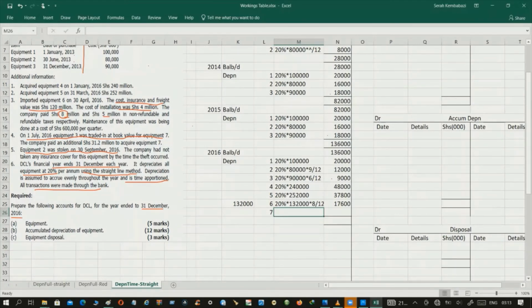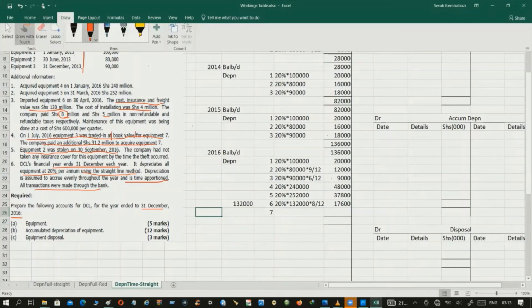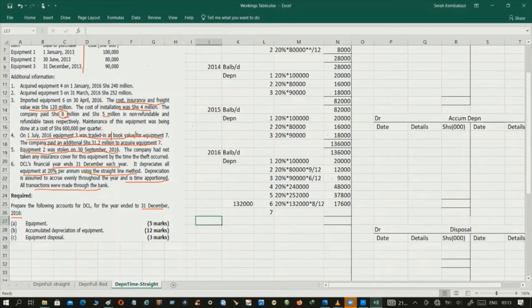know its cost first of all before we compute the depreciation amount. And due to that, we'll get the book value.